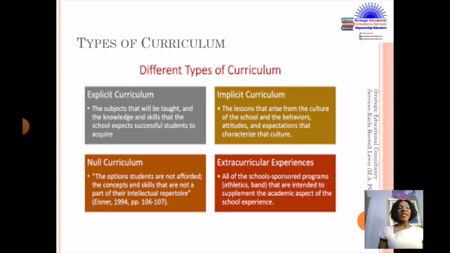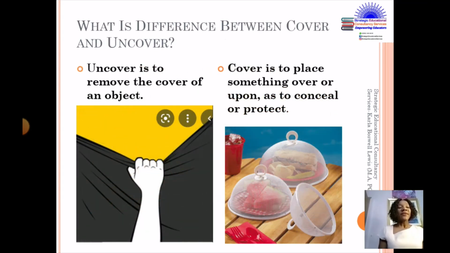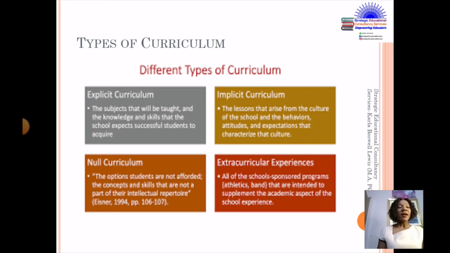And then we have the implicit curriculum, and this would be the lessons that arise from the culture of the school and the behaviors, attitudes and expectations that characterize the culture. And then we have what is referred to as the null curriculum, and this is the option students are not afforded, the concepts and skills that are not a part of the intellectual repertoire. So it doesn't come with it, but then they learn from it.